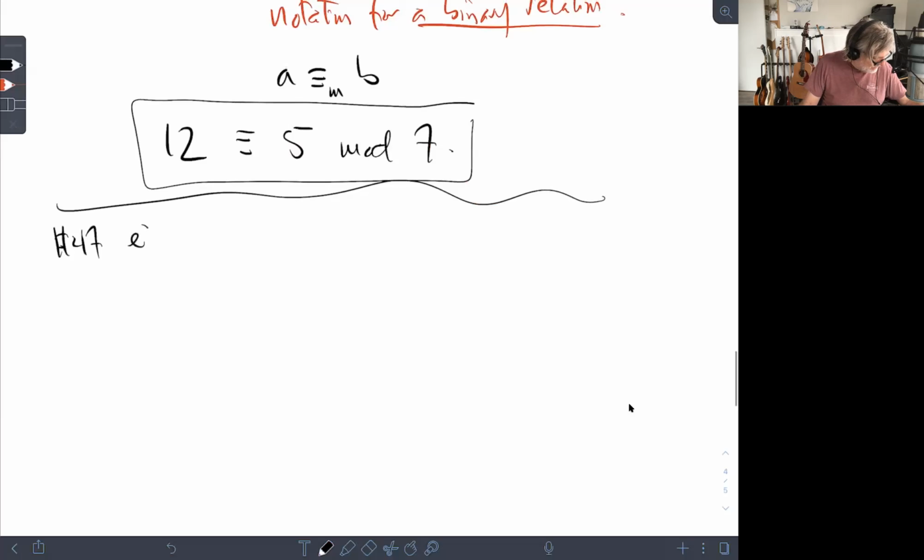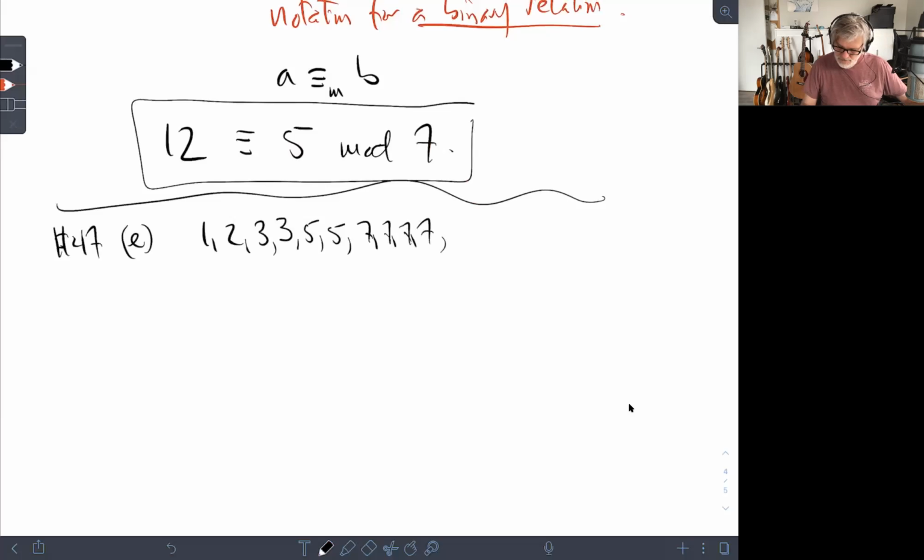E, maybe E. So you're given a sequence and you're asked to describe that sequence or the nth term of the sequence. And the hint is that it's related to prime numbers. So 47E is the following sequence: 1, 2, 3, 3, 5, 5, 7, 7, 7, 7, 11, 11, 13, 13, just keeps on going like that.